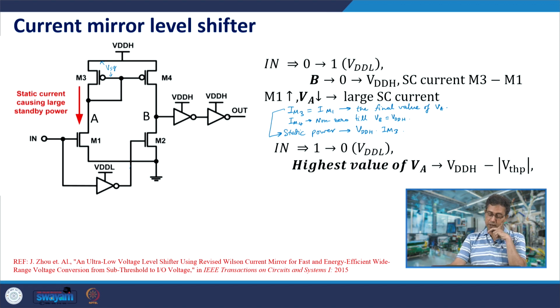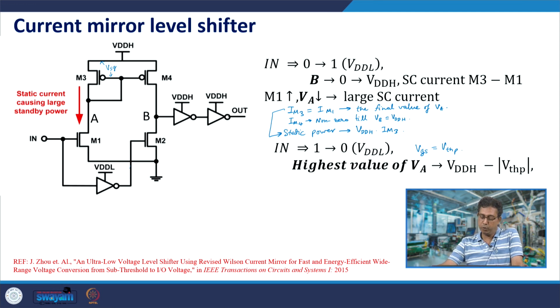Now, suppose we change the input from 1 to 0. Here 1 is VDD-L. So, this goes to 0. Therefore, the current IM1 goes to near 0 and therefore, IM3 must also become 0. So, VSG becomes equal to VTHP, the threshold voltage of the P MOSFET M3.